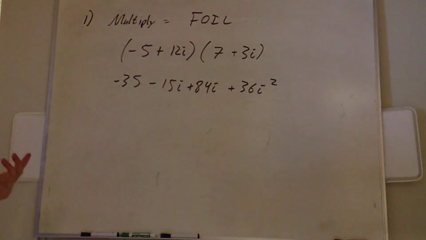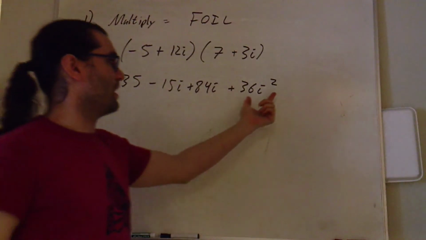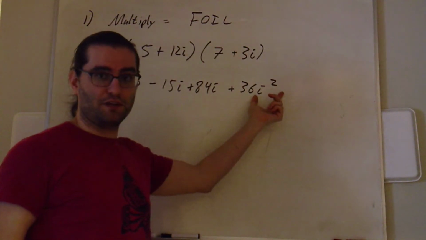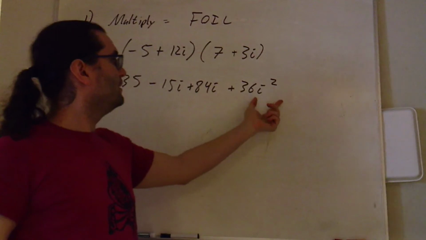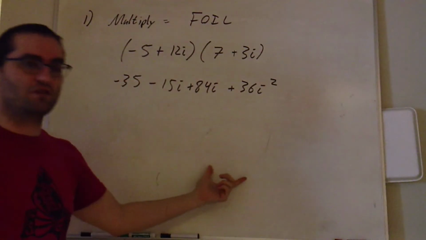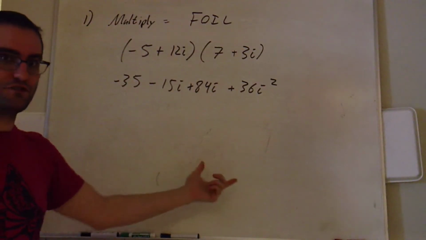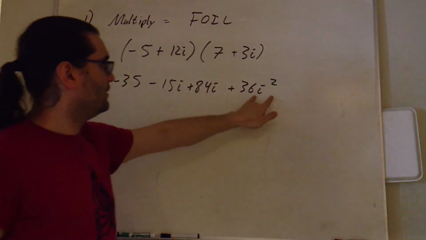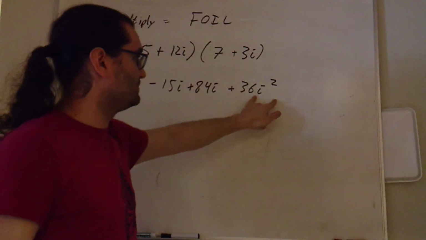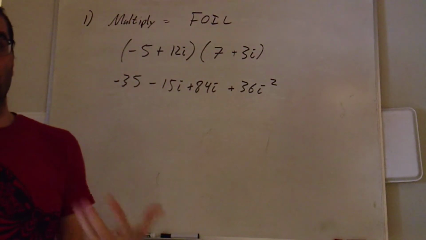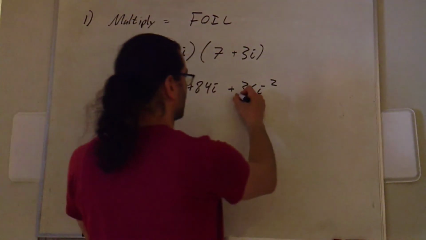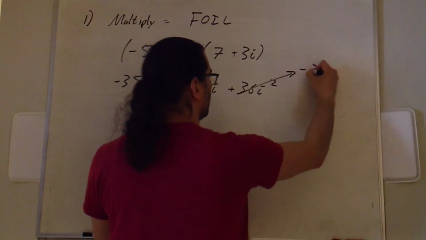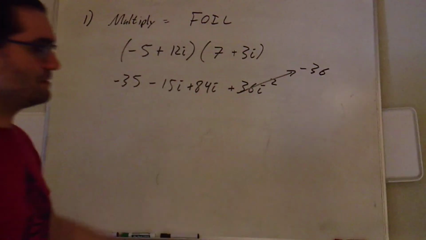Now, just like before, we have an i squared term here, and we need to do something about it, because our final answer should look like a plus bi. Final answer should not have any i squareds involved anywhere in it. So we have to do something about this i squared. i squared is negative 1, so this whole term is the same as negative 36.